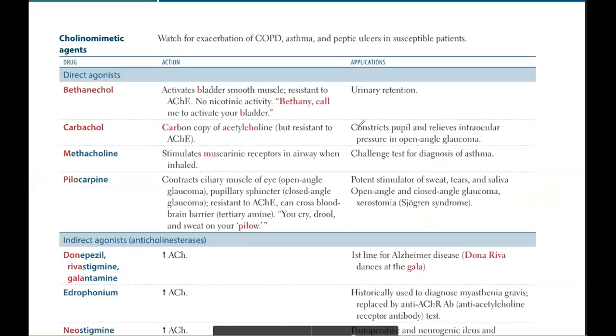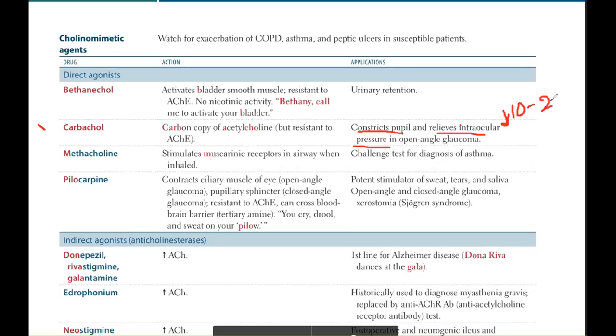Then the applications: it constricts the pupil and relieves intraocular pressure in open angle glaucoma. This is very important because this drug is not given in emergency conditions, but if we want to decrease the intraocular pressure soon. Clinically, it decreases the intraocular pressure in 10 to 20 minutes.